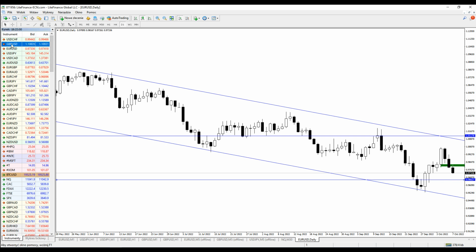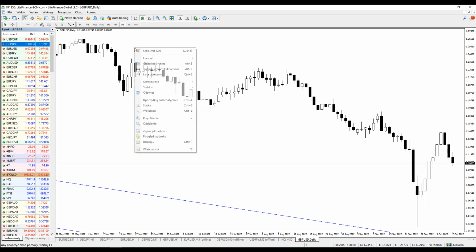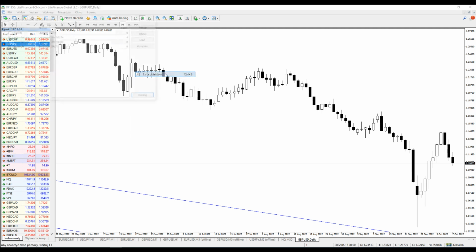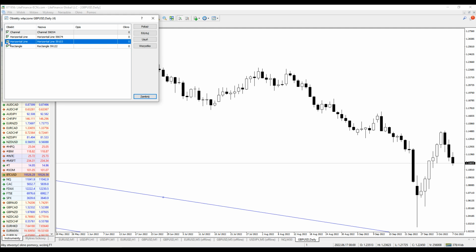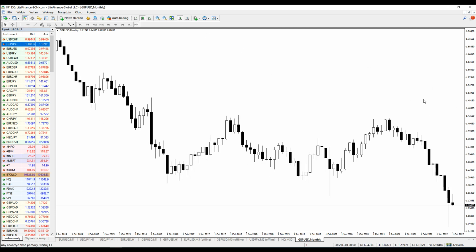Let's have a look at what we have on the cable, because we've seen the crash, right, based on the fixed income market in the UK. Let's see how things look on the quarterly chart, because here, as you can see, the close of the previous quarter was well below the previous low.